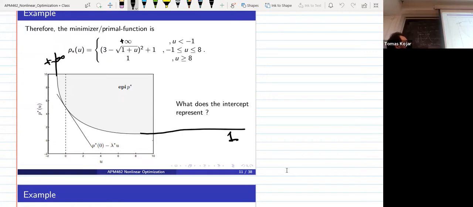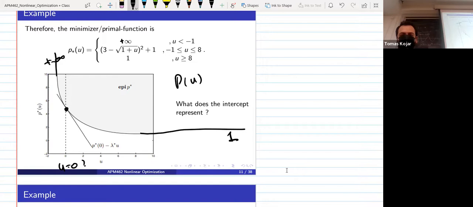And let me ask you, what does the intercept represent? What happens when u is 0? What was the primal function?